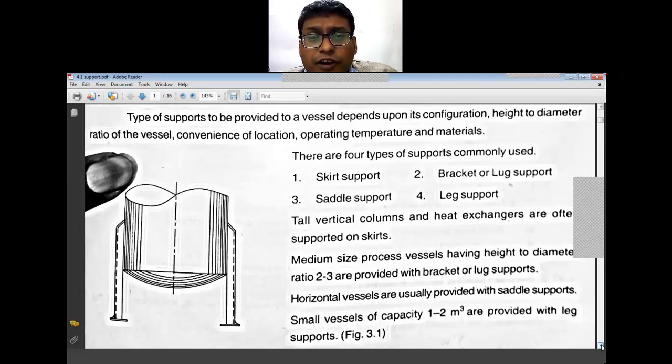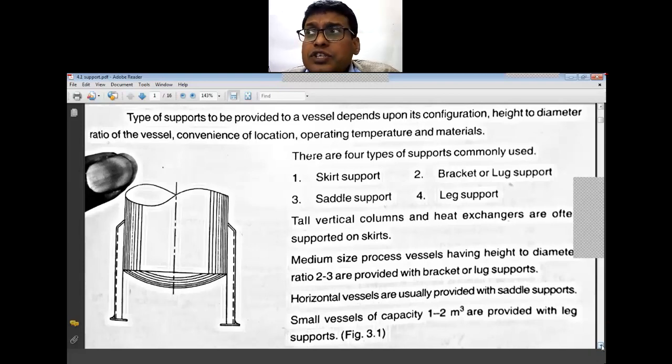If the vessel is inside the building, then the bracket or lug support is more preferred. And the fourth one is the saddle support, which is used for horizontal vessels.